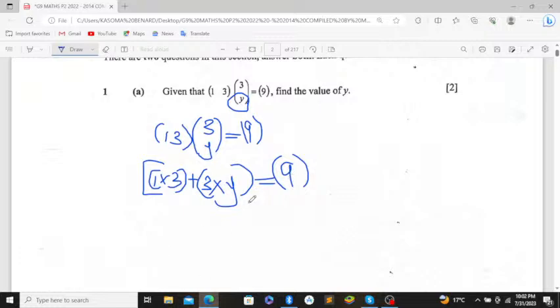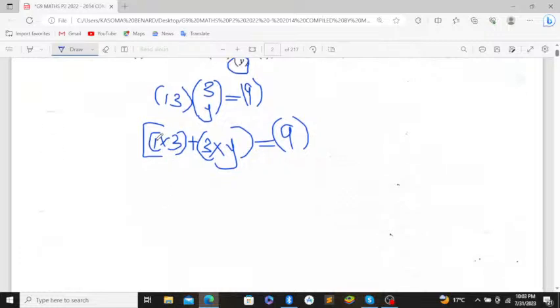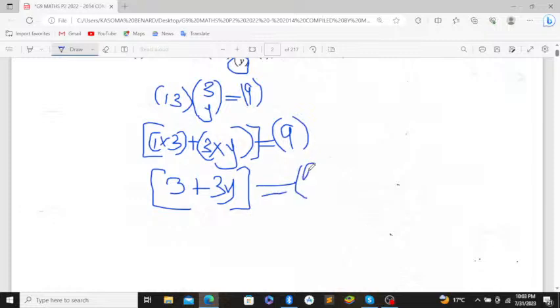Then we do the actual multiplication: 1 by 3 gives me 3, plus 3 by y gives us 3y. Then we close this matrix. Remember here I made a mistake, I didn't do the final closing, so this and this should be there. Then we say equal to 9.